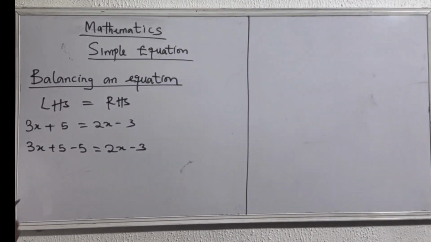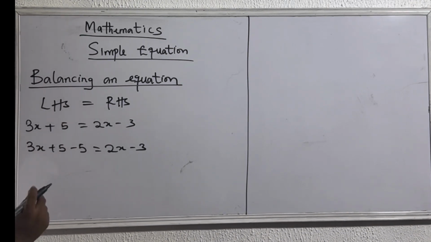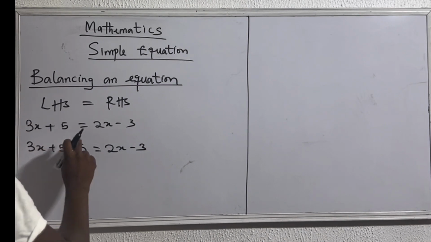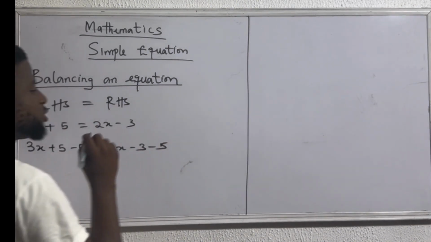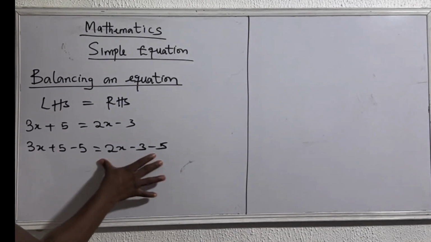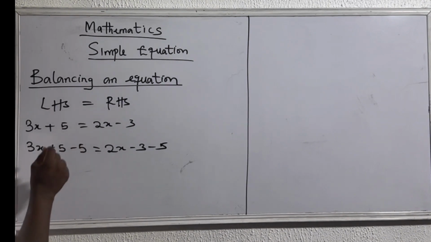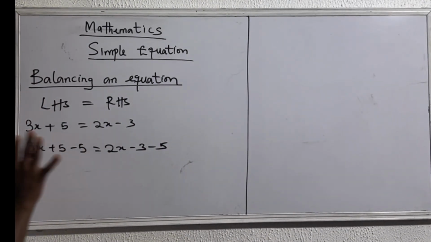So for example, right, I have 3x + 5 on the left hand side, and I had carried out an operation to subtract 5 on the left hand side. That 5 I subtracted on the left hand side must be subtracted on the right hand side to make this equation balance. Now, if I subtract 5 from the left hand side and subtract 5 on the right hand side, then my equation is correct.